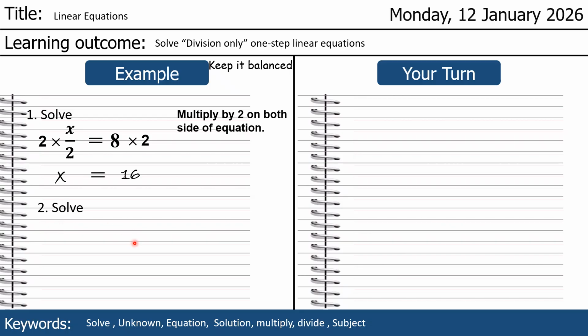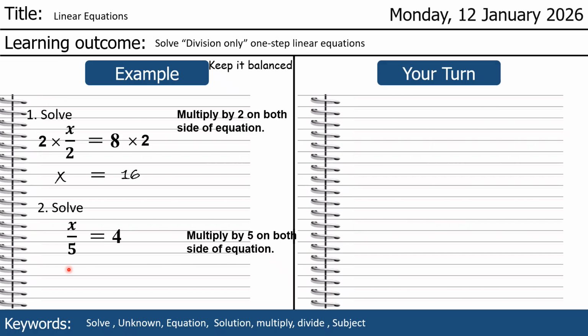Let's try a next example. Here we have x divided by 5. So we're going to reverse the last operation that was done to x, which is dividing by 5. So the reverse of dividing by 5 is multiplying by 5. So we have to multiply the left hand side of the equation by 5.